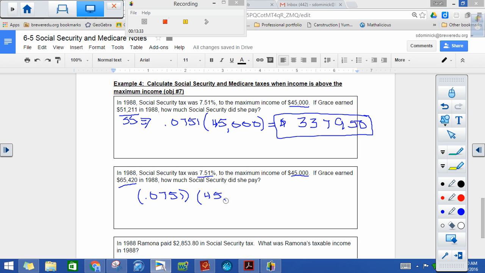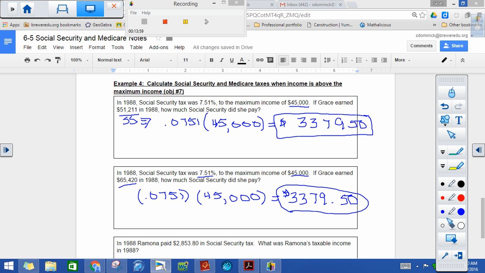Same exact problem as above. Same exact answer as above. So I could ask that problem multiple times. I could say, I made $1 million. What is my Social Security going to be that year? $3,379.50, no matter how much you make over this amount.